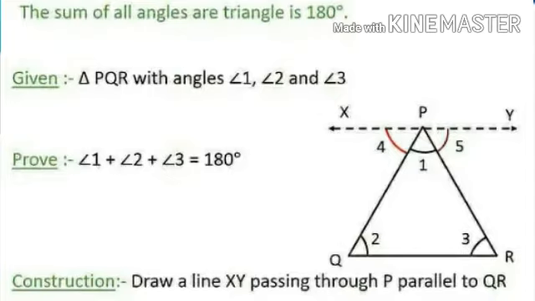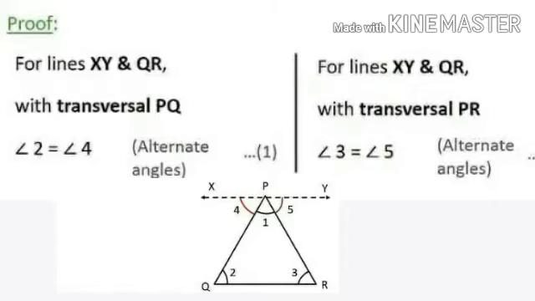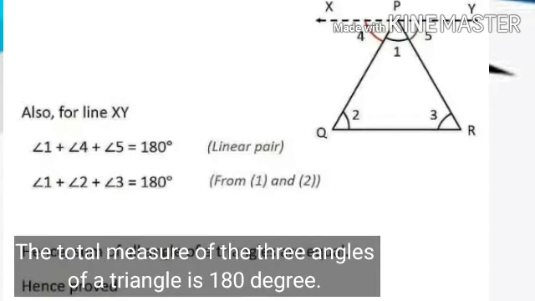So we have to do a construction. Draw a line XY passing through P parallel to QR. Proof: for lines XY and QR with transversal PQ, angle 2 is equal to angle 4, alternate angles. For lines XY and QR with transversal PR, angle 3 is equal to angle 5, alternate angles.